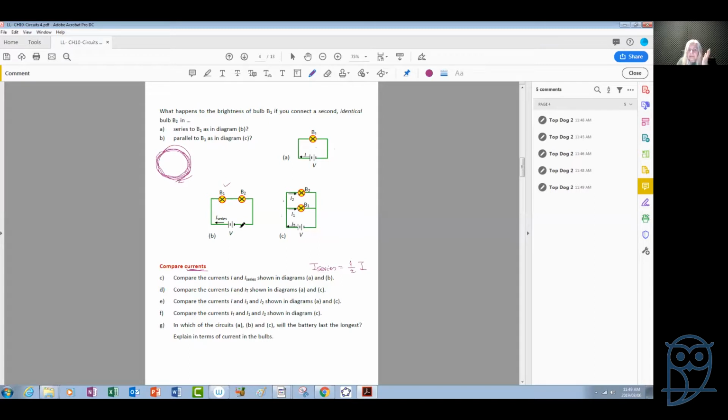Once the circuit is closed, the current starts immediately at all points in the circuit. It does not come from one point and there's nothing on the other side. So when we close it, there is a current there, there is a current there, to the left and to the right of the battery or the bulbs, everywhere.